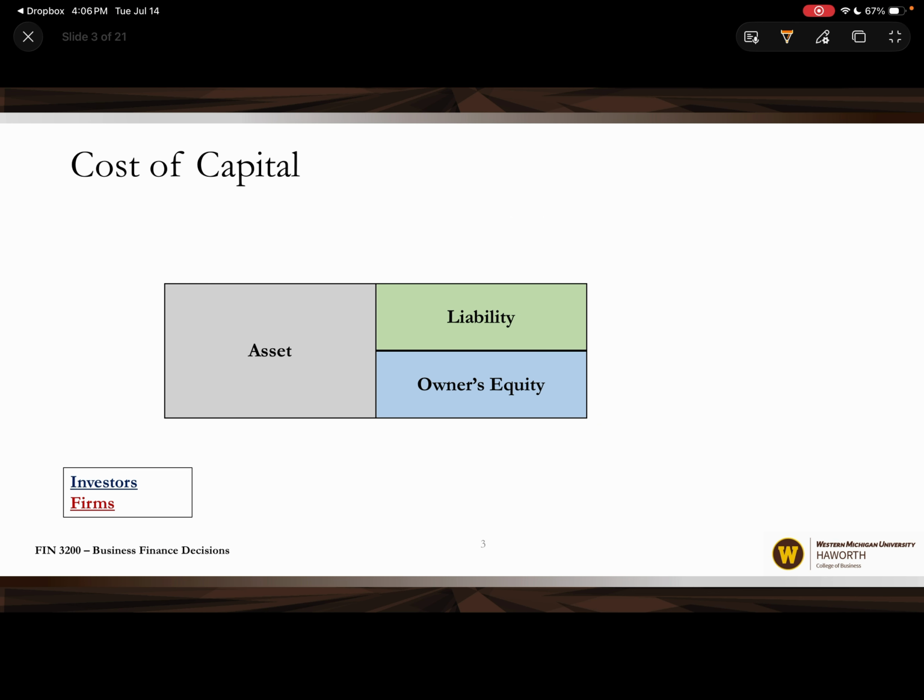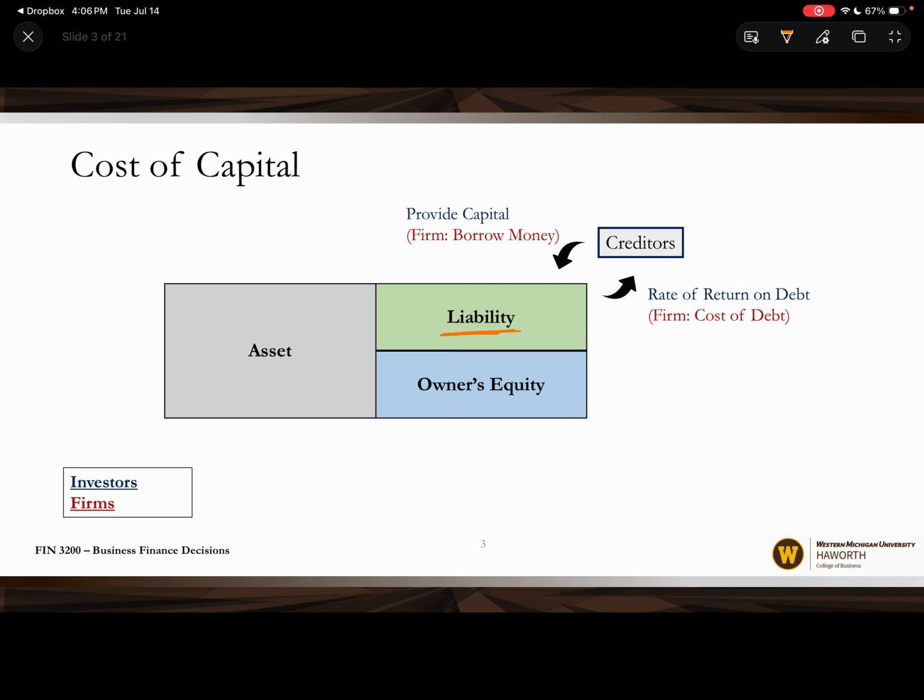Okay, and we talked about this previously too, how in the cycle of money, the firm could issue debt. Okay, so these creditors will be bondholders. So bondholders provide money to the firm, okay? And firms are borrowing money, right? The basics.